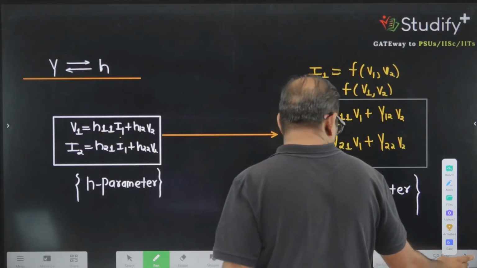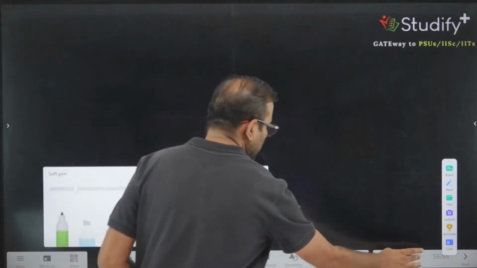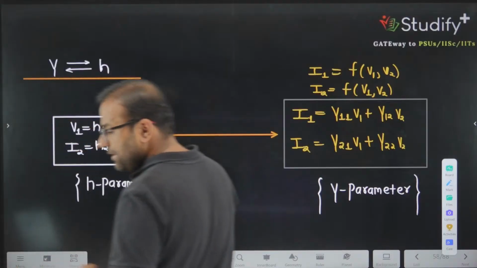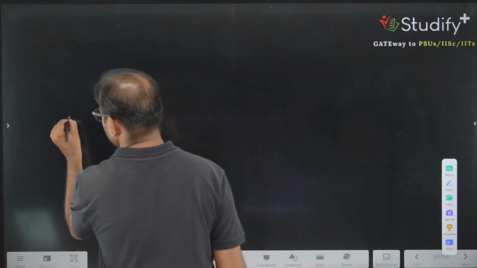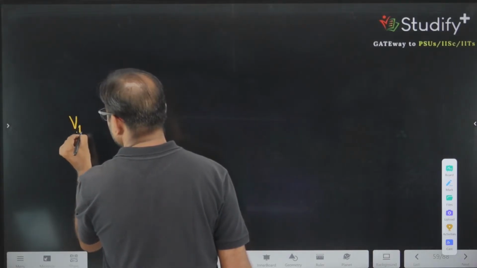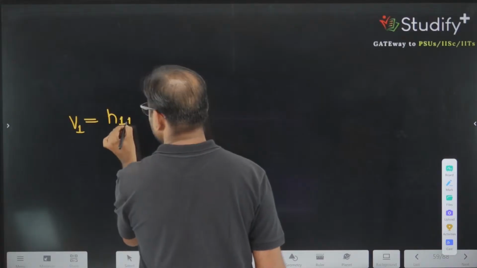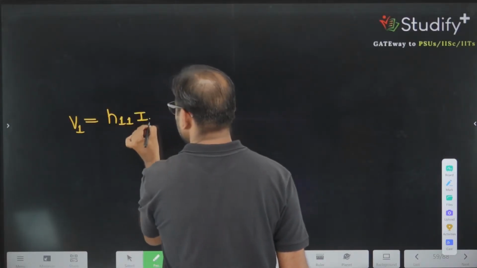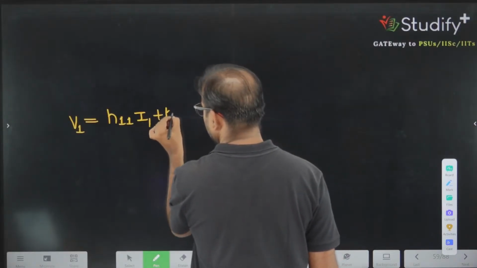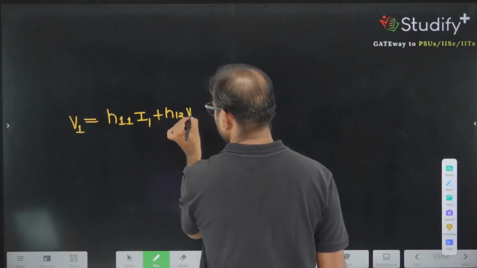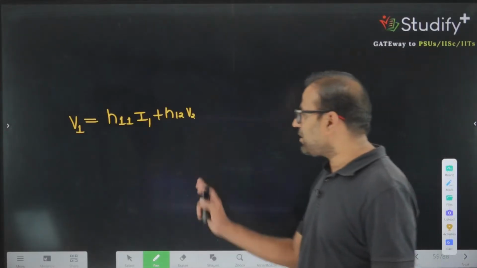So when you go to the first equation, what does this first equation say? First equation says that V1 is equivalent to H11 I1 plus H12 V2, correct? We want to represent I1 as a combination of V1 and V2.